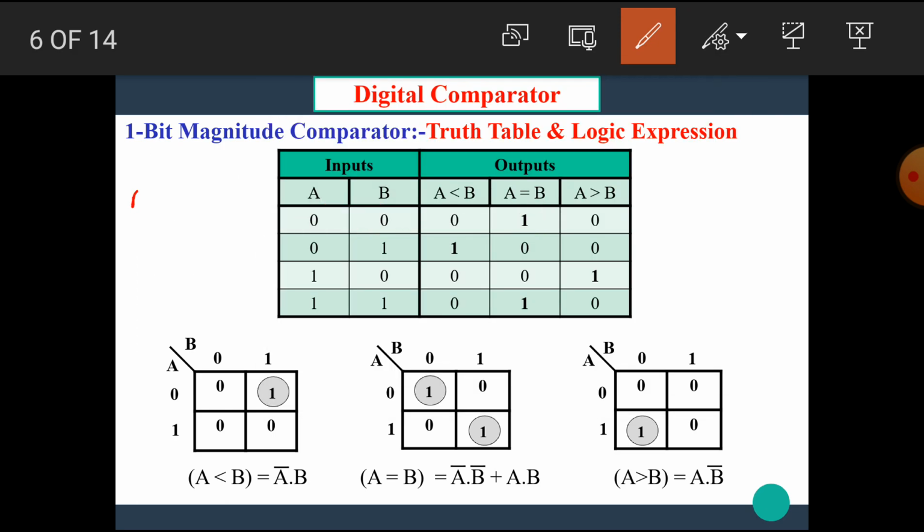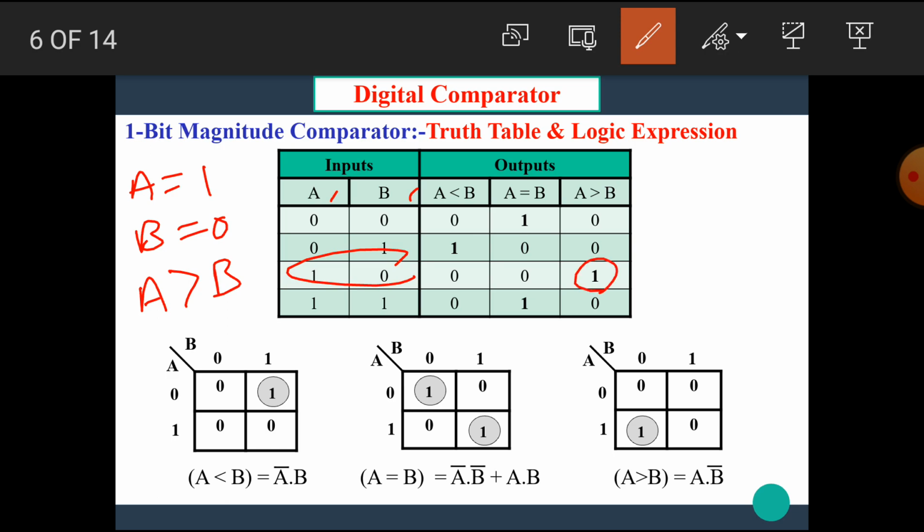In the next case, A is equal to 0 and B is equal to 1. Here A is less than B, hence this output is 1. Similarly, in the next case, A has the value 1 and B has the value 0, hence A is greater than B, and this output is 1.